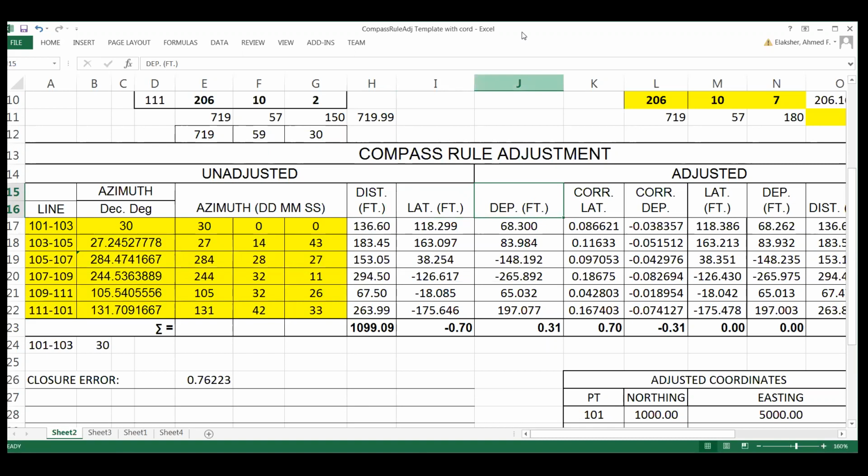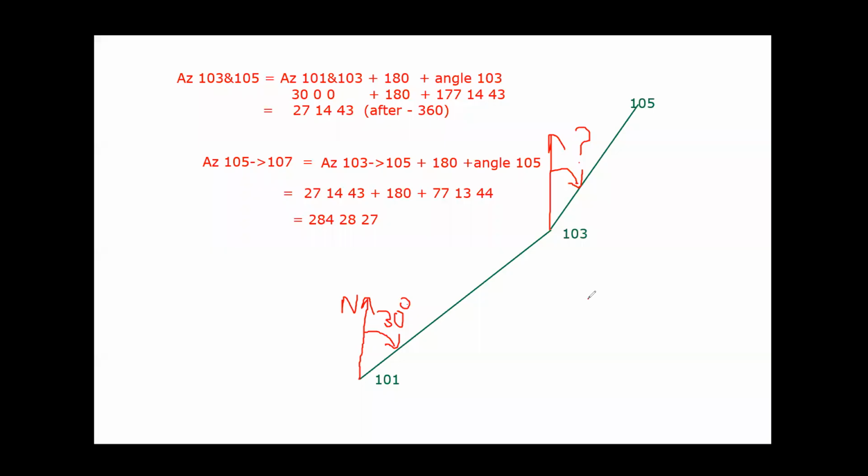So let me move this out, get back to my whiteboard, and clear all, and then get our axes here. Remember, we don't have something called X and Y in surveying.